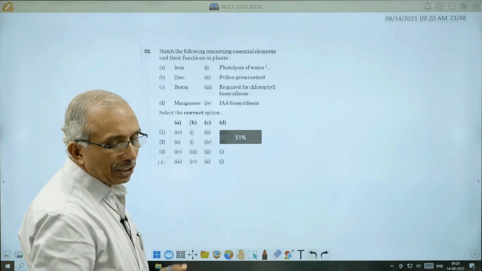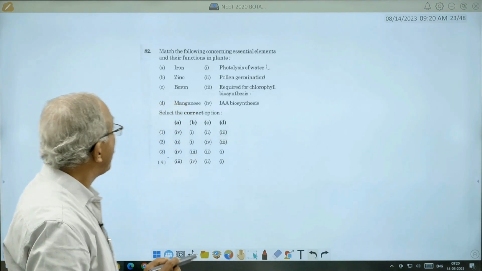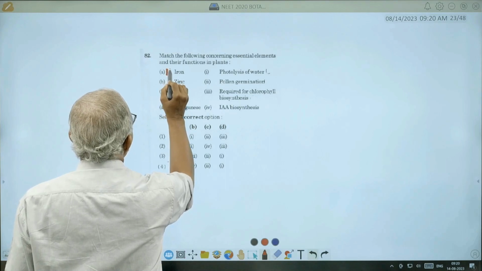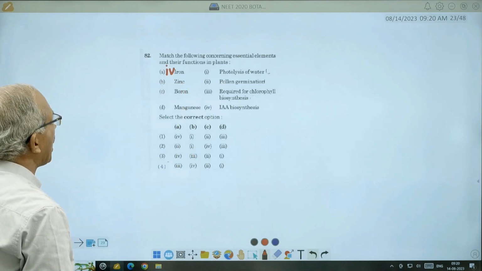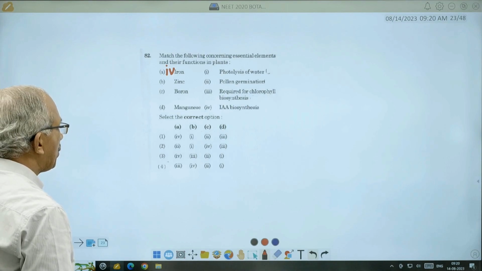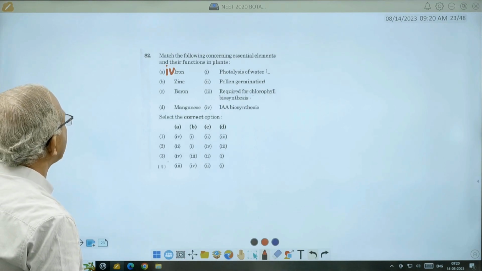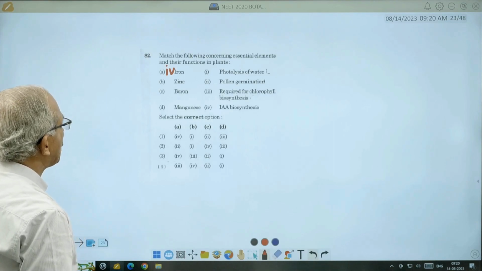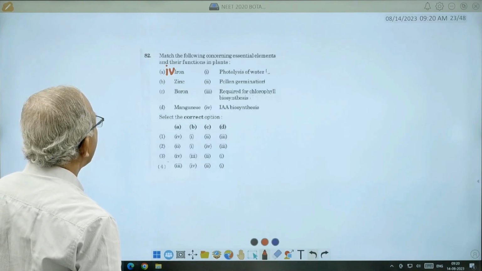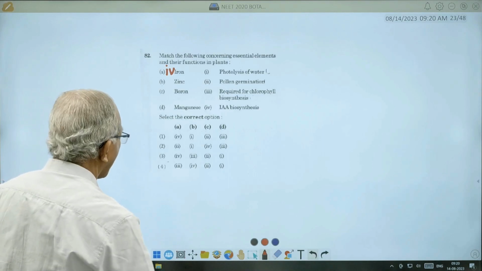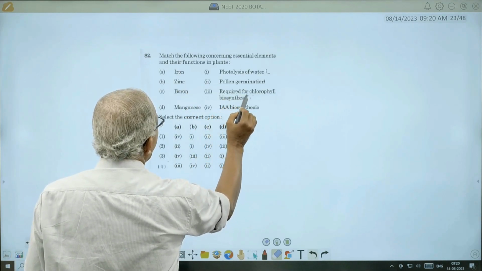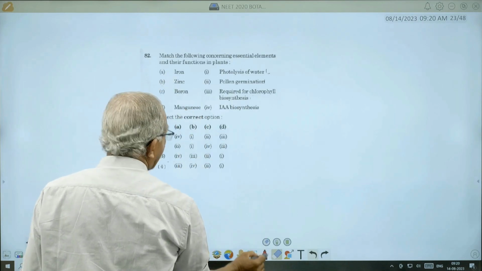Again, match the following. Iron can be matched with the one required for chlorophyll biosynthesis, that is 3.